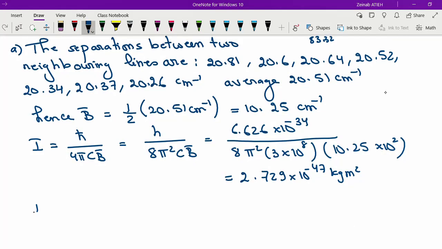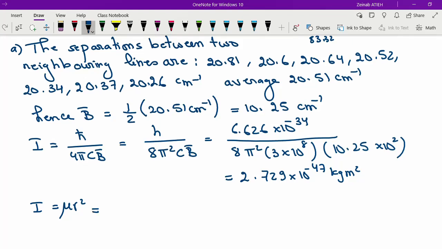So we know that I equals mu R squared, where mu is the reduced mass, equal to mass of H1 multiplied by mass of Cl35 divided by mass of H1 plus mass of Cl35, times R squared.